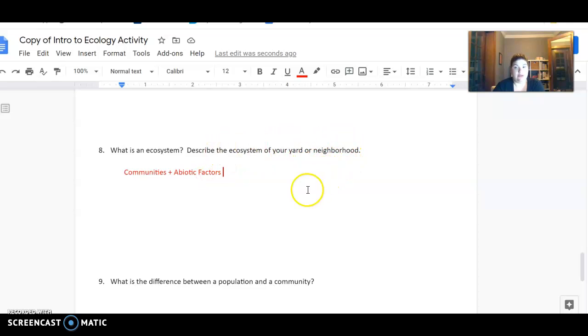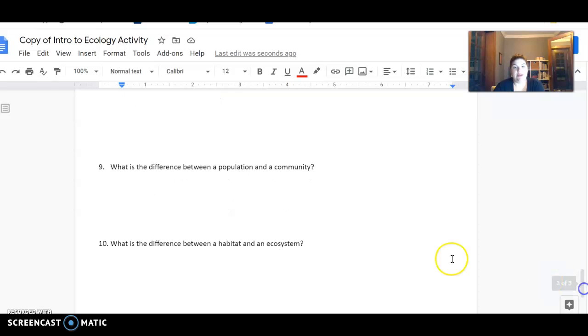So describe an ecosystem in your neighborhood or your yard. You could say that maybe your neighborhood has a pond, and you could describe the pond, the water in the pond, the rocks, the grass, the fish, the birds, all of those living and non-living components that come together to make that ecosystem work. Difference between a population and a community is just going to be that a community is more than one population.